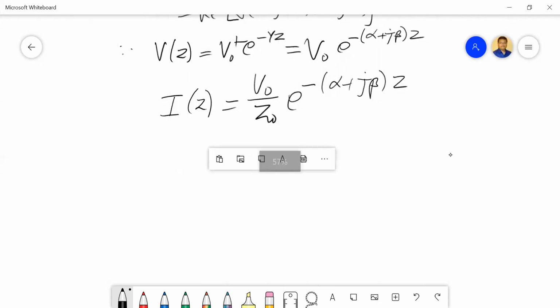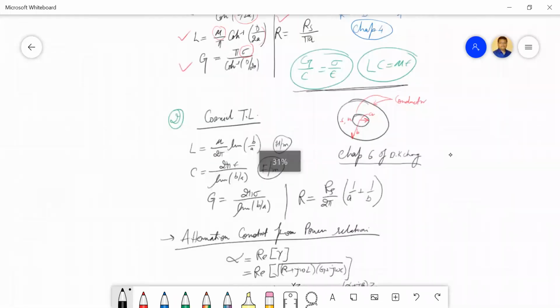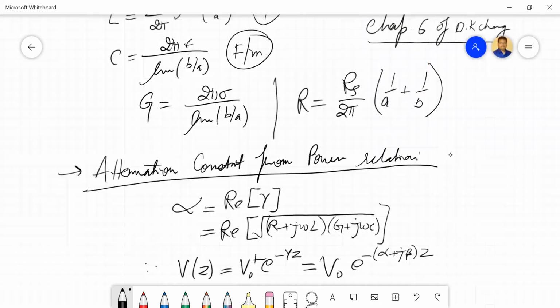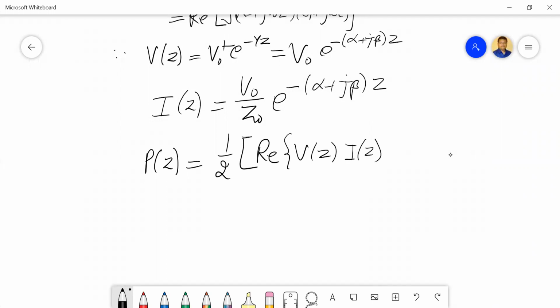Now what we can do with these two is recall the Poynting theorem, and we can estimate the average power. So Pz we can estimate with the help of this relation: half of the real part of Vz Iz complex conjugate.